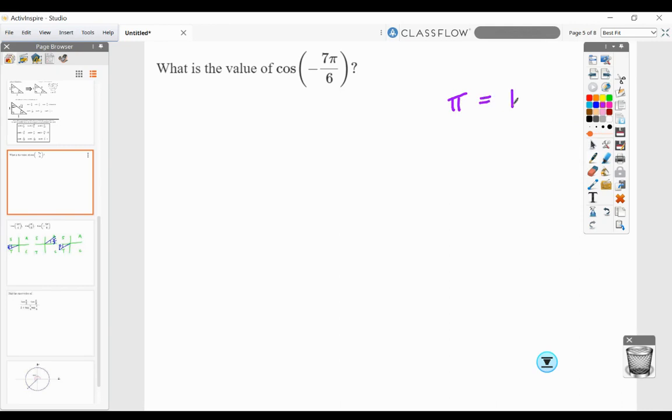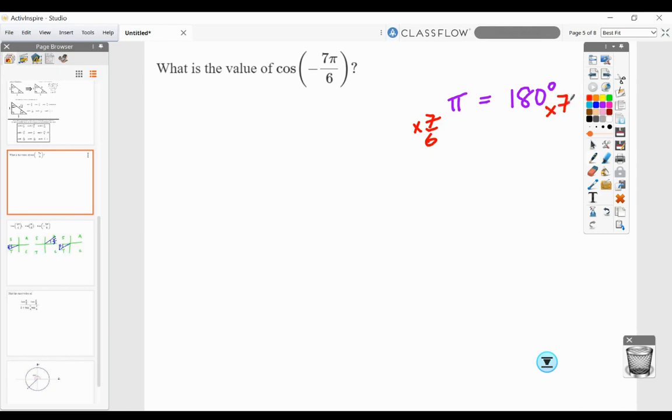You're going to have to get used to using radians, but we're just going to do this one by converting to degrees because some of you may prefer it. So your starting point is you have to know 1 pi radian, so 3.14 or so radian is equal to 180 degrees. I want 7 over 6 pi.